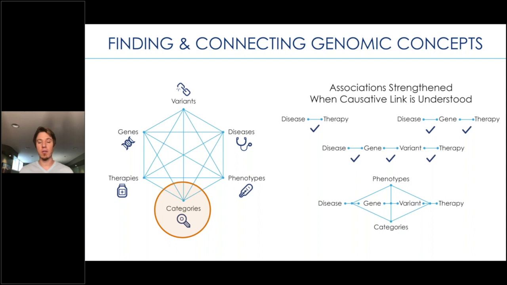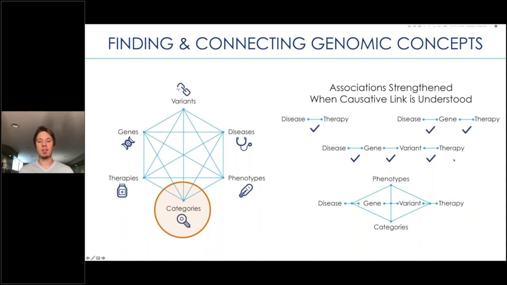So those categories or keywords are what Rachel just demonstrated for you, particularly with the ACMG and AMP subcategories. So what we do is we identify each of those entities, and then we identify the connections between any two or more of those entities. So a very simple connection might be connecting a disease to a therapy, or a variant to a disease, or a gene to a disease.